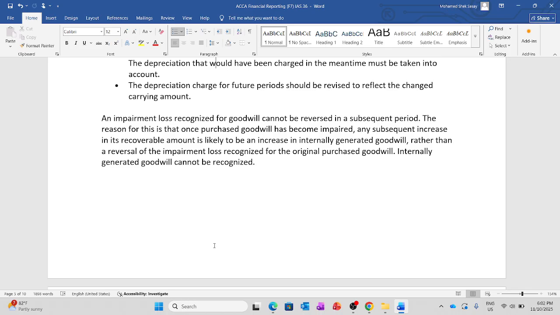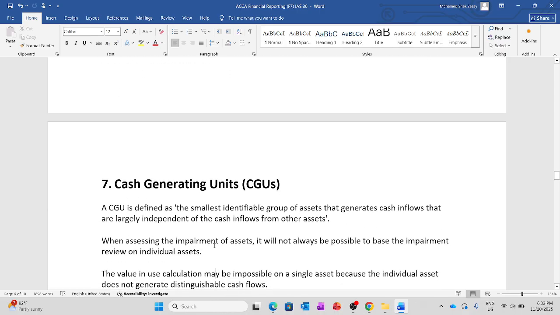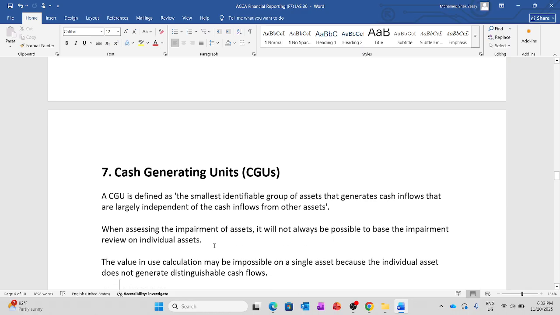And according to IAS 38, for internally generated goodwill we are not going to account for it as an intangible asset, because we are not able to distinguish the cost of the internally generated goodwill from the cost of running the business. So this is crystal clear, and we need to note it down as well. So for reversal of impairment, these are the points that you need to know.